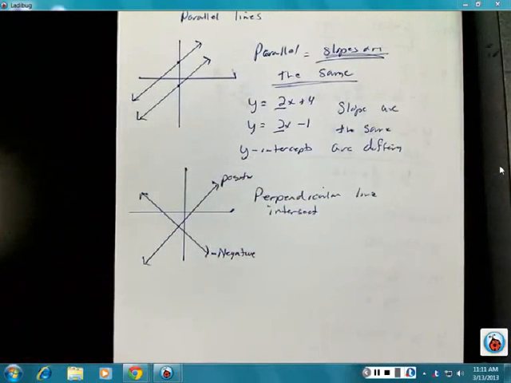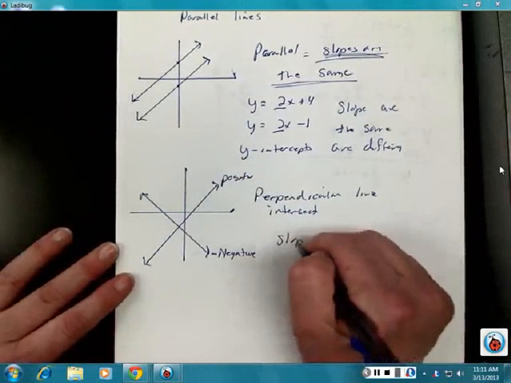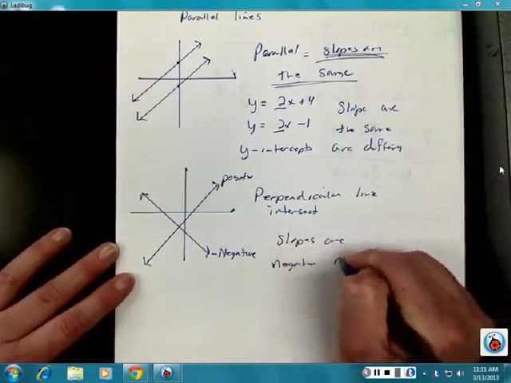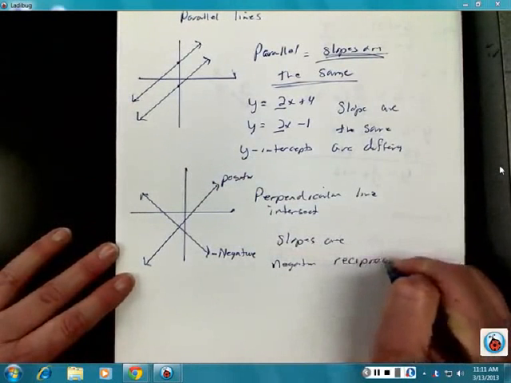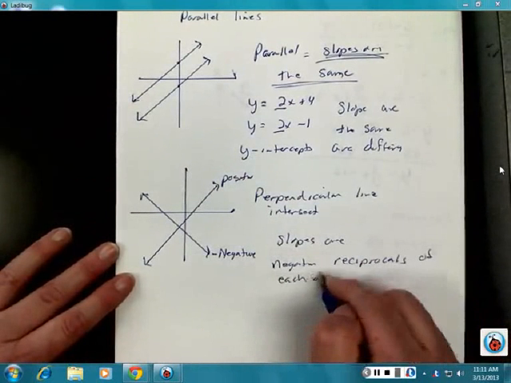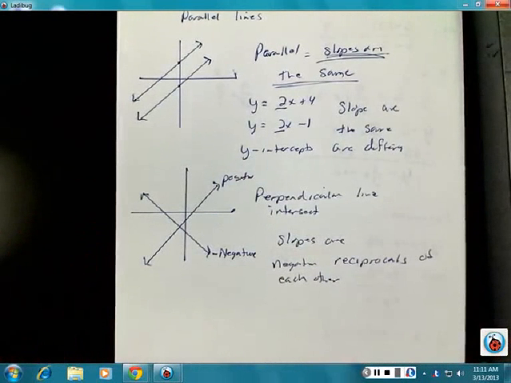Oh, actually they have to flip, because what happens with these is the slopes are negative reciprocals of each other. They're negative reciprocals, meaning that they flip and they change.